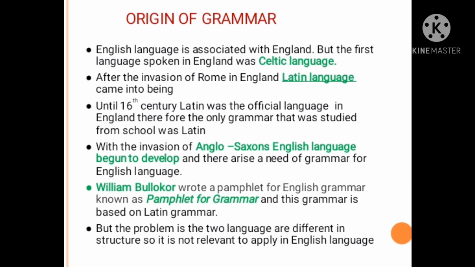William Bullokar, a grammarian, wrote English grammar in his pamphlet, Pamphlet for Grammar. He wrote this English grammar based on Latin grammar. So we have gone through how traditional grammar evolved. This traditional grammar has certain limitations.